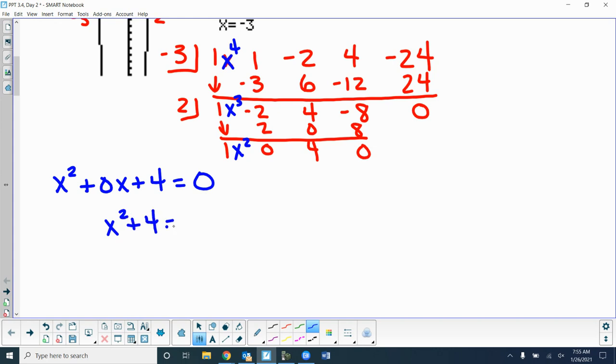So when it's like this, I don't have to do the quadratic formula. I can just subtract 4 and then take the square root of both sides. If you use the quadratic formula, that's okay, but this is a little quicker.